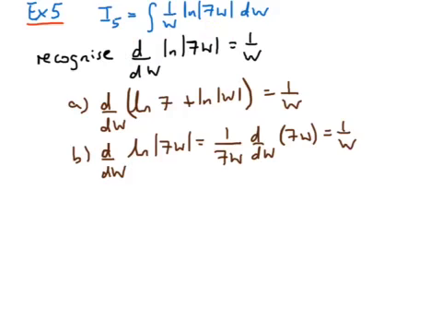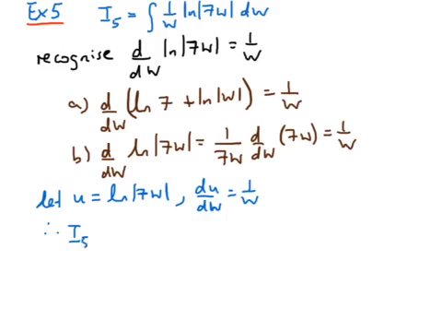So what we recognize is here we have the derivative of this logarithm multiplying it, and we can use one of our standard substitution formulae. So let's say that u is the logarithm of the modulus of 7w, du dw is 1 over w.